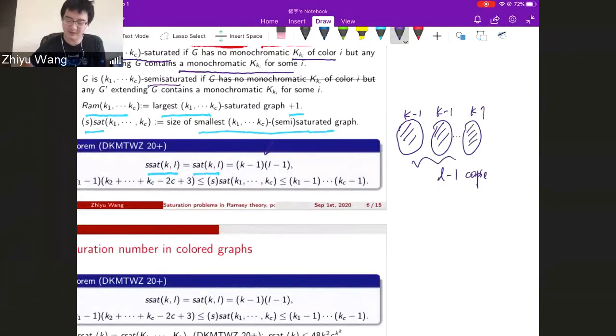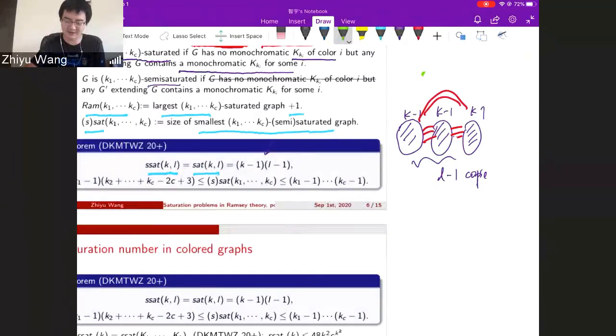And then between these cliques, we just have all red edges. It's easy to verify that this is saturated, i.e., if I add any additional vertex, no matter how you color the edges, you can find a blue K_k clique or a red K_l clique.